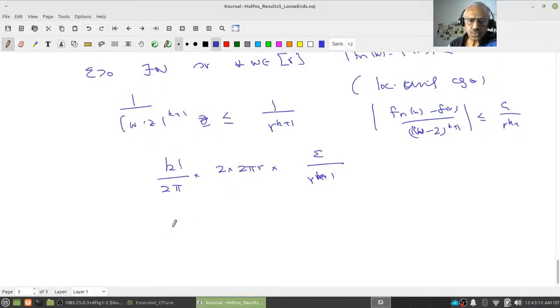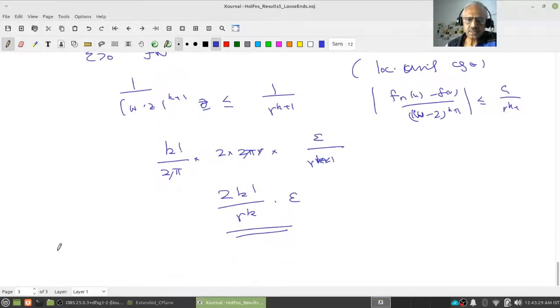So 2 pi cancels, and 1 r cancels with this, therefore I have 2 k factorial by r to the power k into epsilon. So this is, that is, mod of the kth derivative of f_n at z minus the kth derivative of f at z is less than or equal to this.